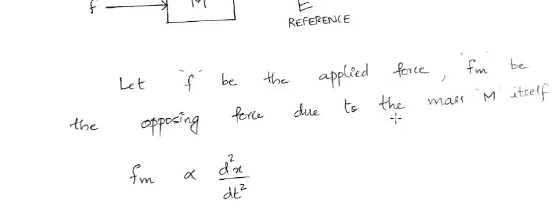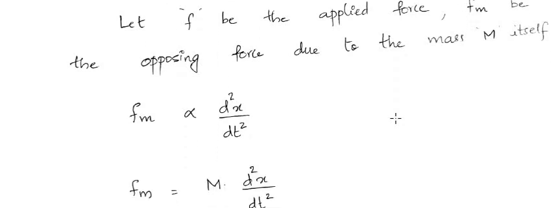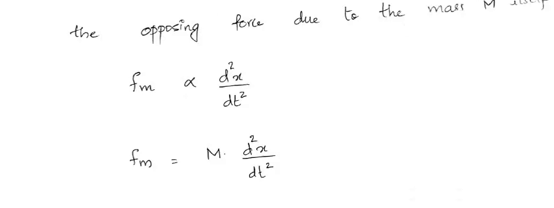Now we are going to remove the proportionality constant by replacing it with another constant, which is m. So Fm is equal to mass m into d square x by dt square. This is actually Newton's second law of motion: force is equal to mass into acceleration. And now by D'Alembert's principle, the total force acting on a body is zero, or the sum of applied forces is equal to the opposing forces.